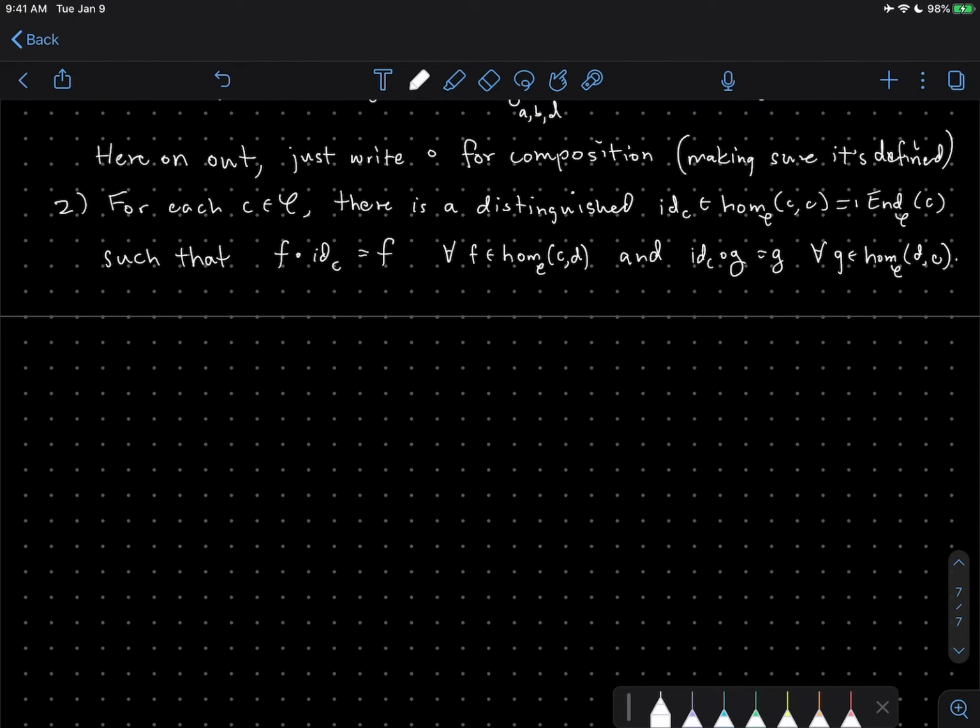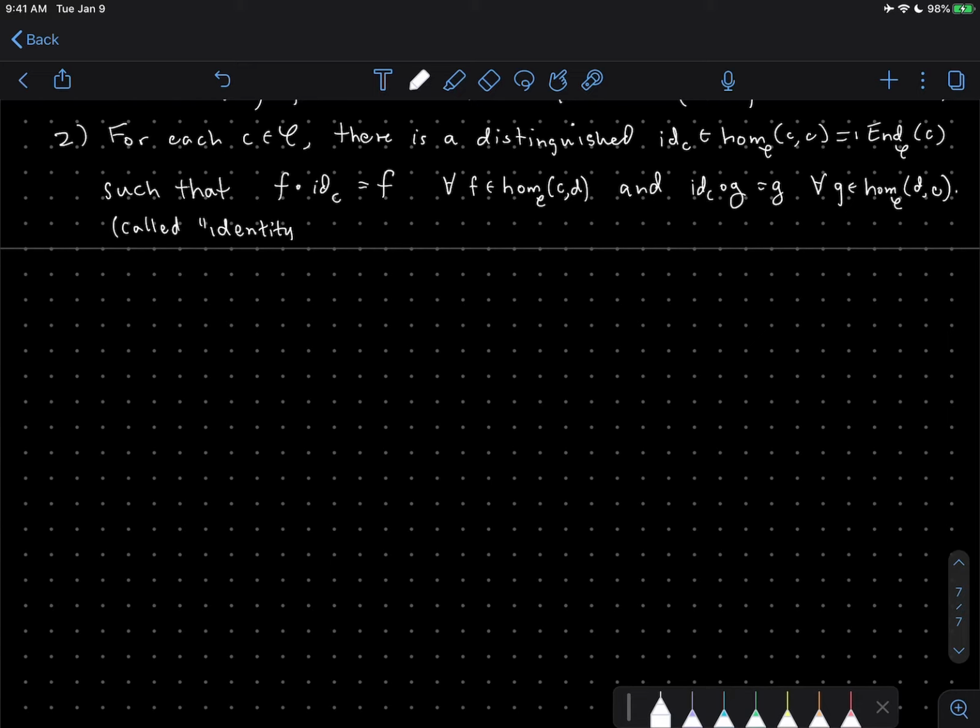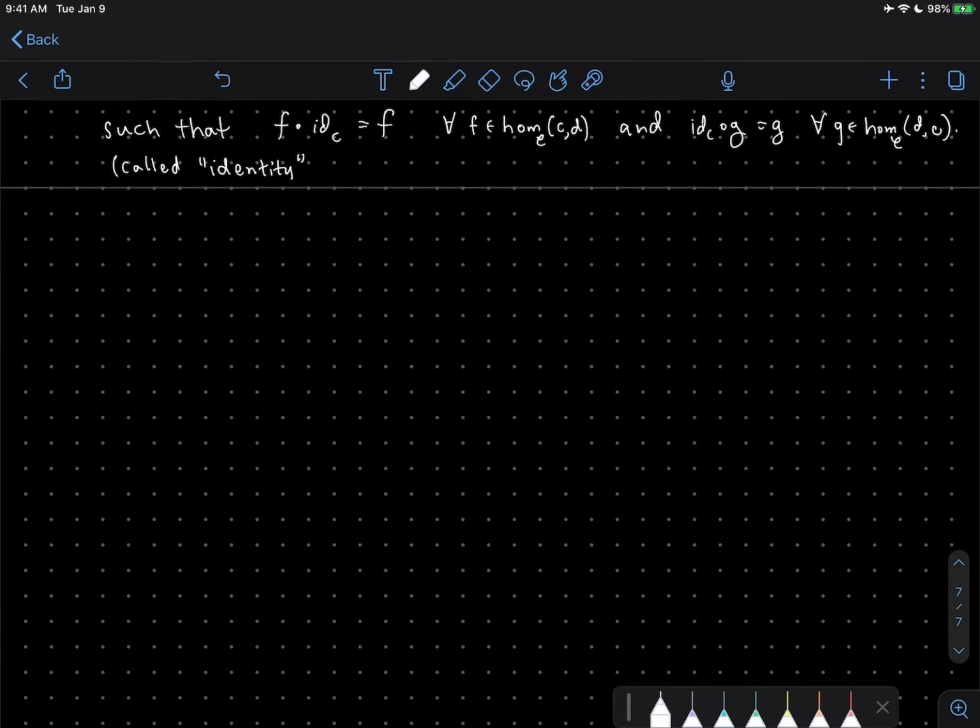These are called the identity. You should check for yourself that the identity of C is unique if it exists.